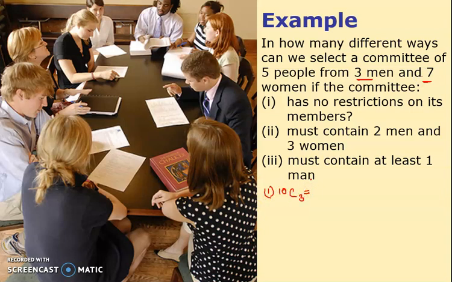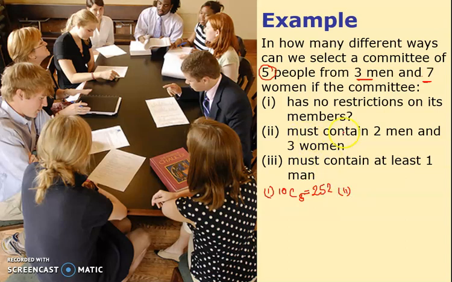Oh no, I don't want 3 people, I want 5 people on my committee. So 10C5 I'm typing in, and I've got 252. So if I don't care who's on the committee, there's 252 ways I can pick that committee.